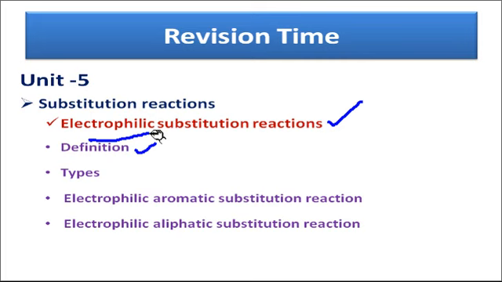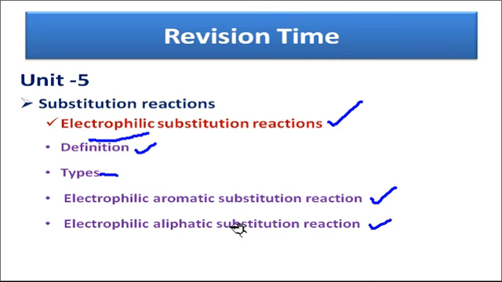Hence these are named the electrophilic substitution reactions. Then we discussed that depending upon the nature of the substrate, these reactions are of two types, that is electrophilic aromatic substitution reactions and electrophilic aliphatic substitution reactions.